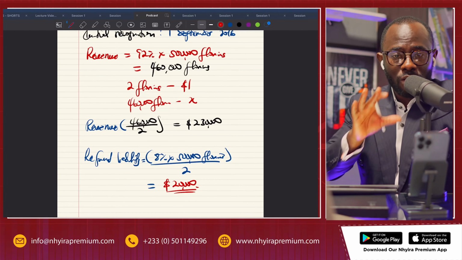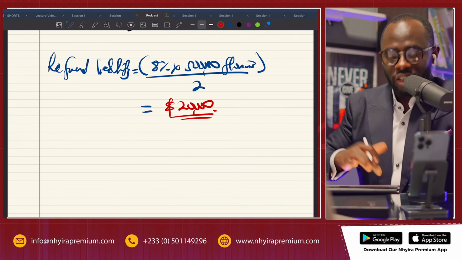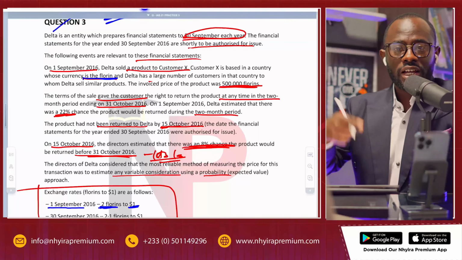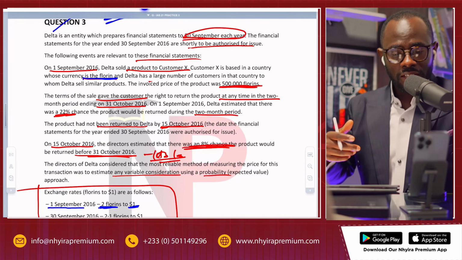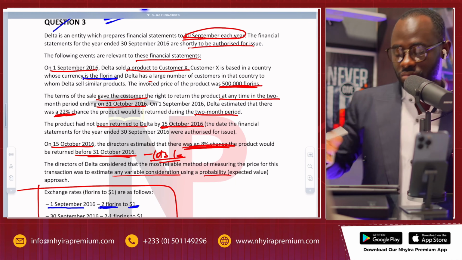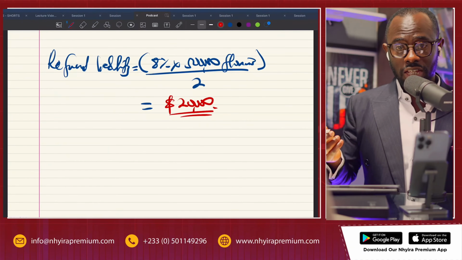But remember, we are not done, because if I ask you what is the journal entry, we didn't sell this for cash. If the customer has a right to return, then it looks like this is a credit sale. So really, we have to recognize debtors.